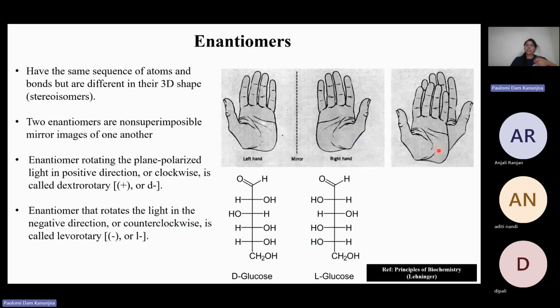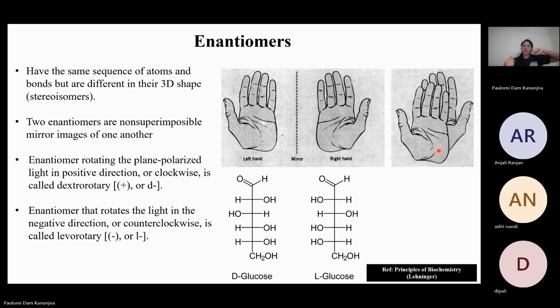If you haven't, the lecture videos are uploaded where we have discussed what enantiomers are. So basically, enantiomers are non-superimposable mirror images of one another. And why are these mirror images? These mirror images are because of the stereochemistry.